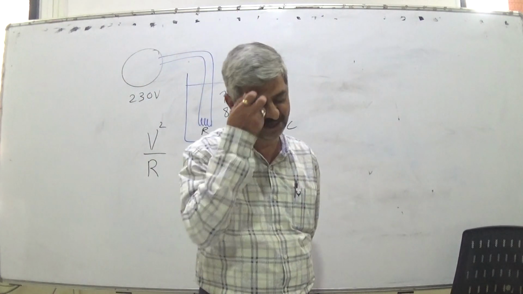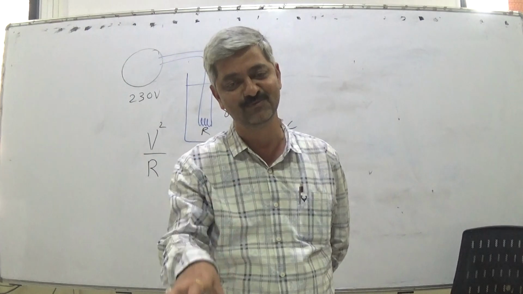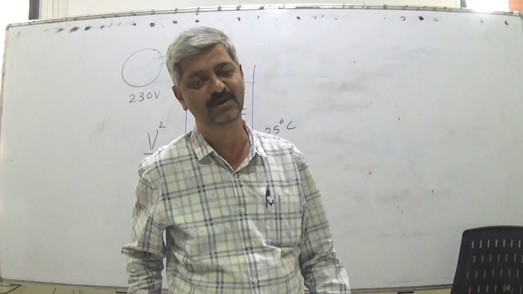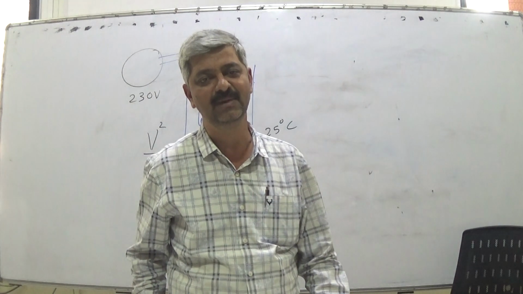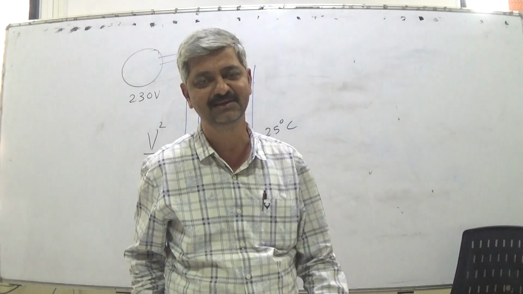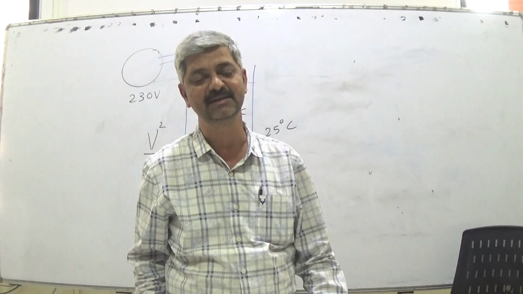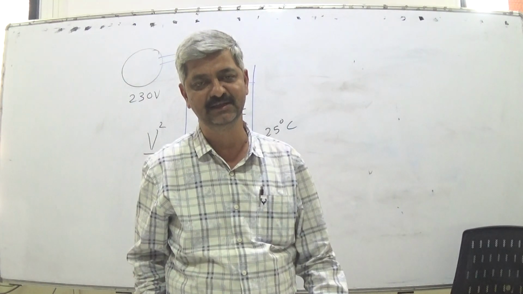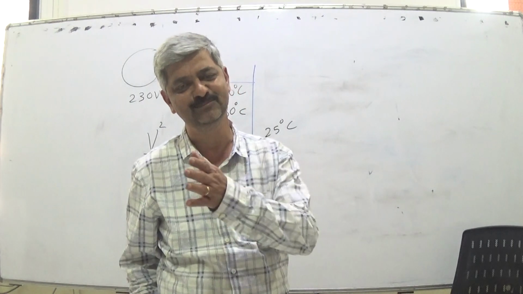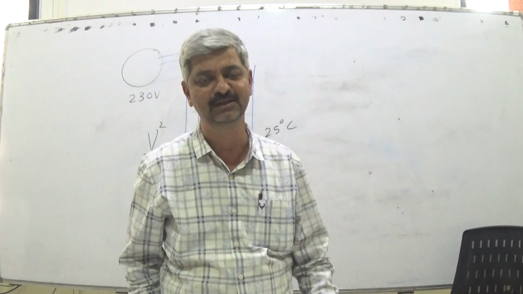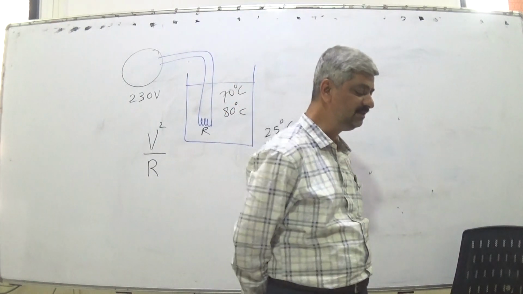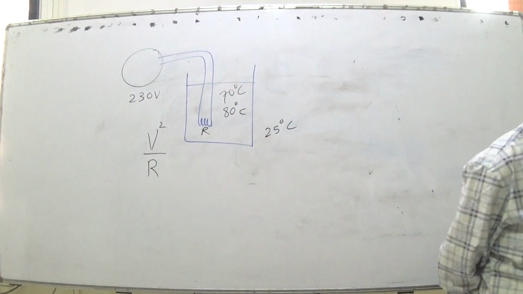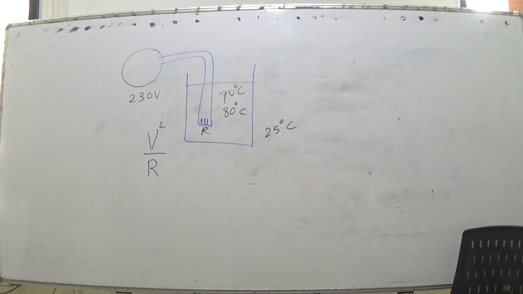So instead of continuously supplying 115 volts, which gives 1/4 energy, I will make the heater on for 1 minute and off for 3 minutes. In 4 minutes, it was on only 1/4 of the time, so 1/4 of full heat energy was supplied.